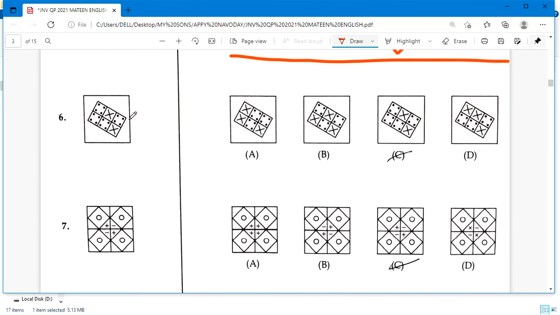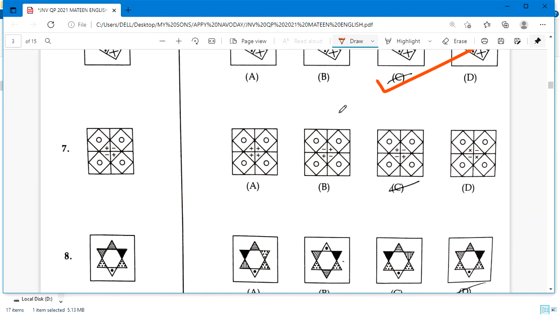So next we will go through the 6th question. Then we are also finding the same figure in option C. I think there is no need for more explanation because it's very short and quite easy.